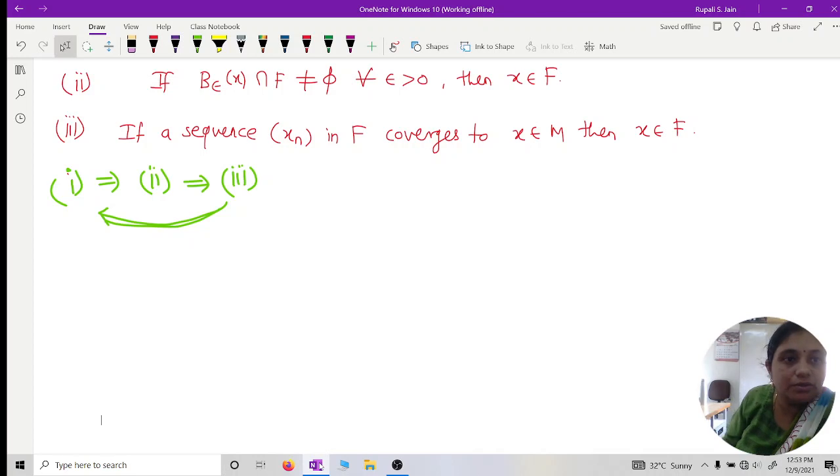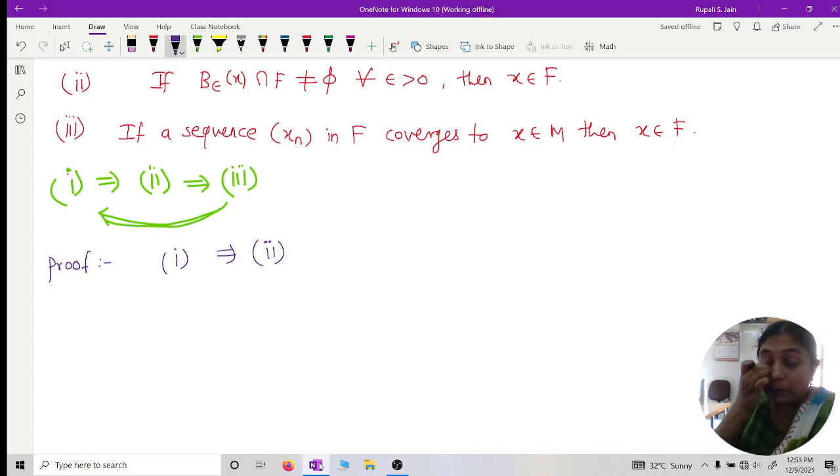Suppose F is closed. So we prove 1 implies 2. Suppose F is a closed subset of metric space (M, d).